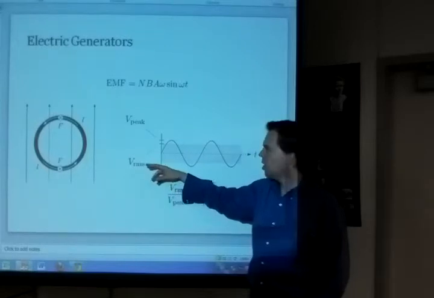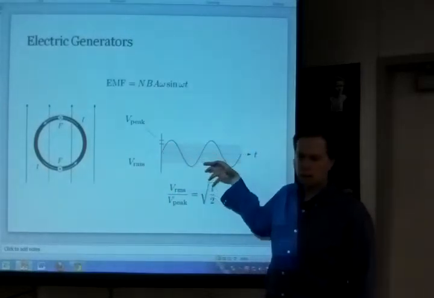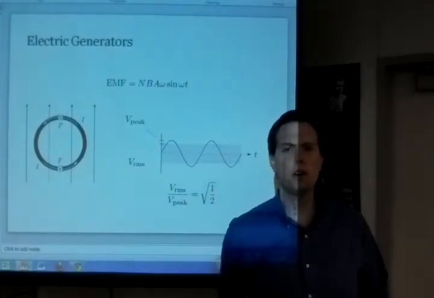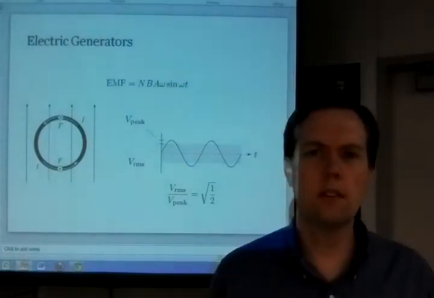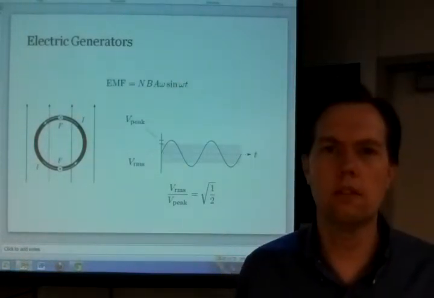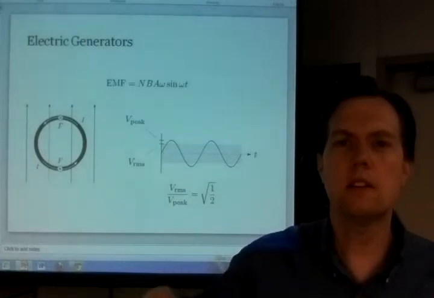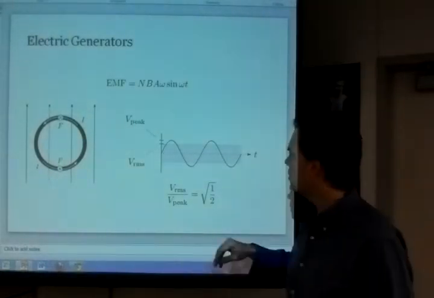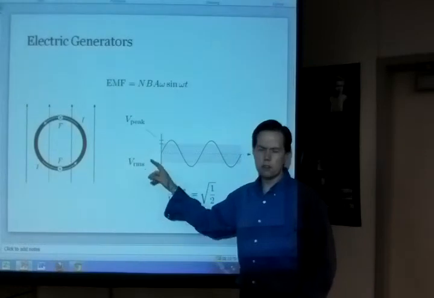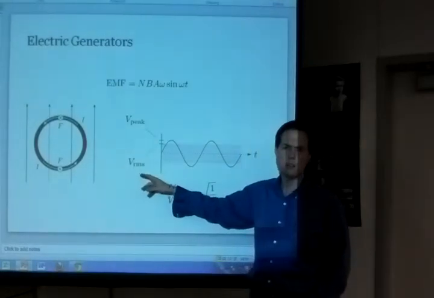However, because the power that's experienced through the effect of this alternating current and alternating voltage oscillates, really it's not so much the peak that's experienced, but something called the root mean squared, the RMS voltage.